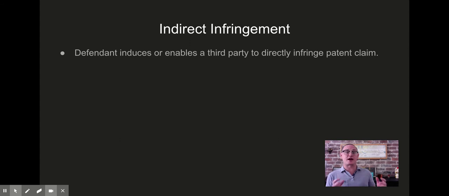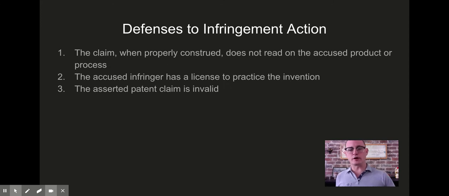It doesn't satisfy all the claims of the patent itself, but the infringement is realized by the third party and you made that possible. Therefore, you're an indirect infringer by virtue of enabling that infringement. We'll talk a little bit in the discussion about why we might want to provide for both direct and indirect infringement liability.